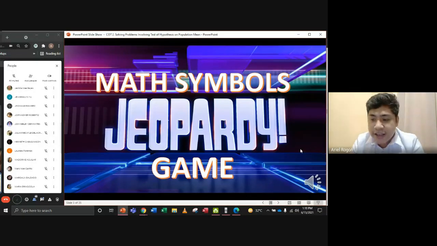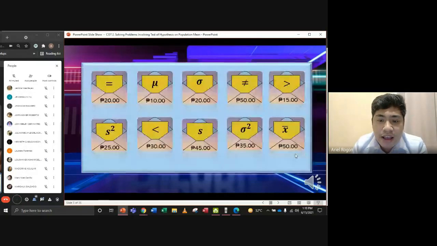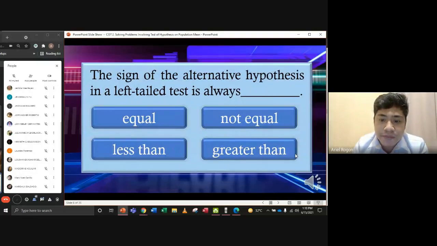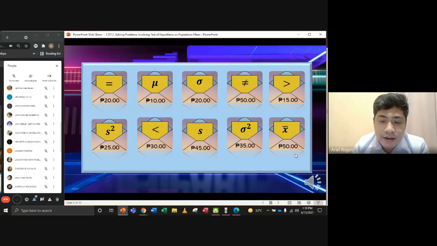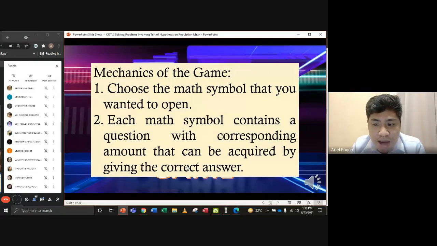So the mechanics of this game: first, you are going to choose the math symbols that you want to open, and each math symbol contains a question with a corresponding amount that can be acquired by giving the correct answer. So I will show 10 math symbols, and you can choose one symbol you want to open. Are you ready? So let's begin.